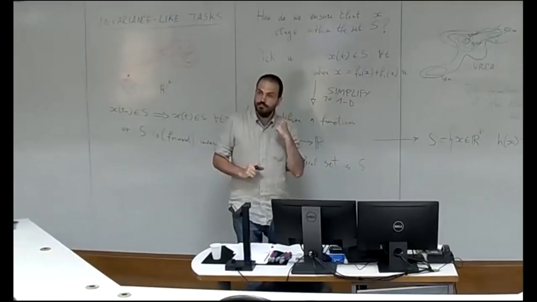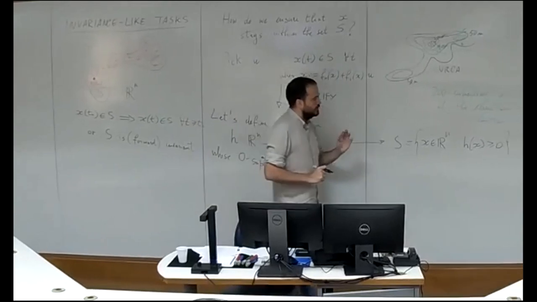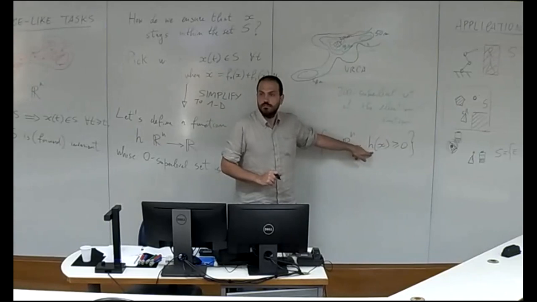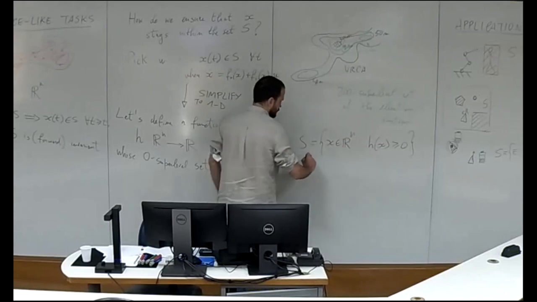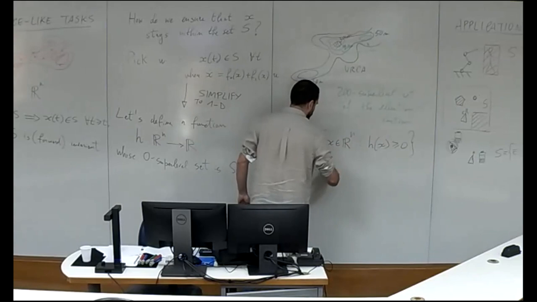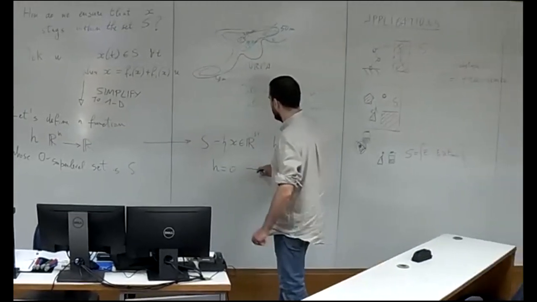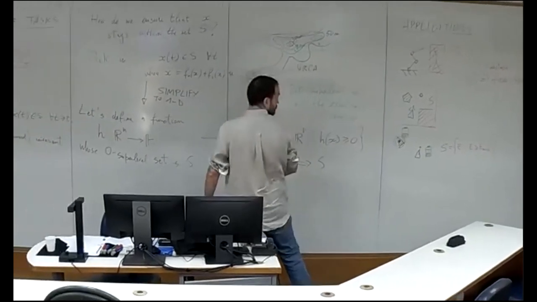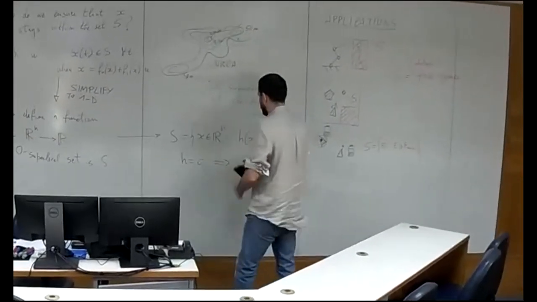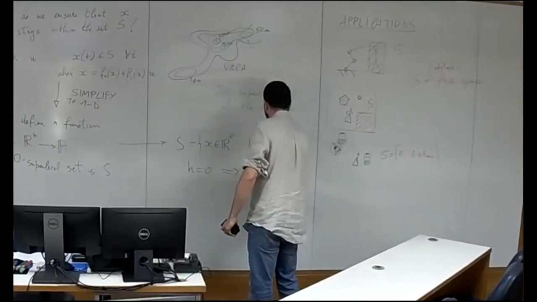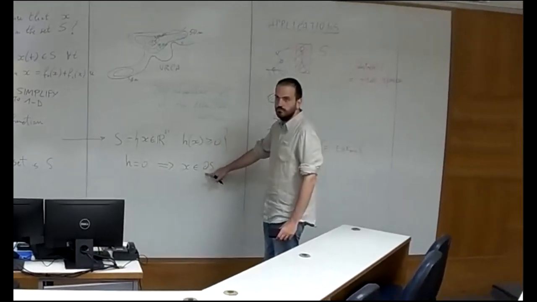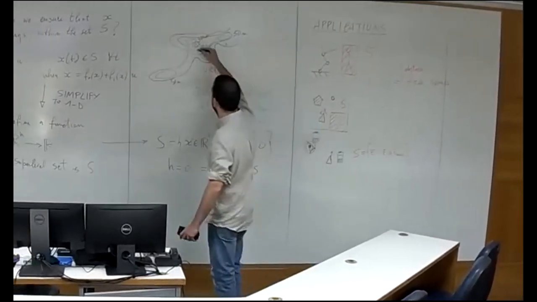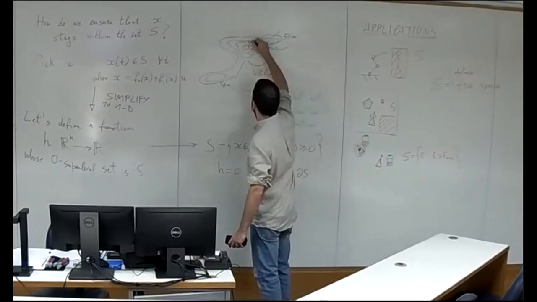The level set, it's not the super level set. The 0 level set of h, so h equal to 0, means that we are on the boundary of S. x is on the boundary of S. So in this case, the 200 level set is this curve.